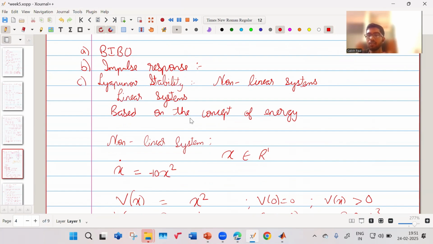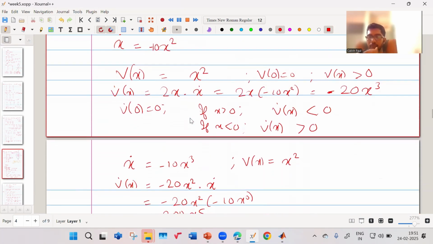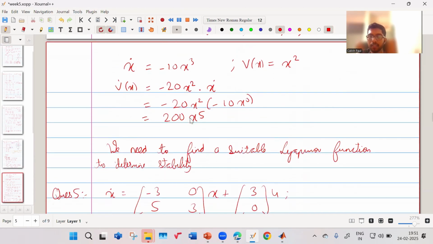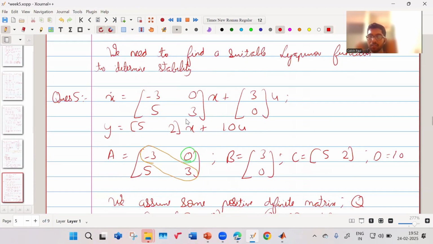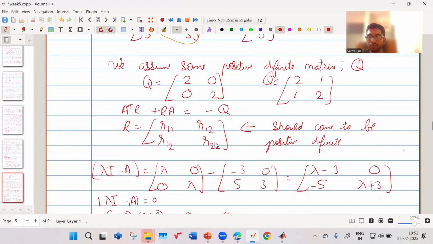There is an indirect approach for a nonlinear system. We linearize the nonlinear system, decompose it into a linear part and a nonlinear part, and then check the stability of the linear part. Once we find the stability of the linear part, we can say whether it is stable or unstable in a small neighborhood around the operating point.